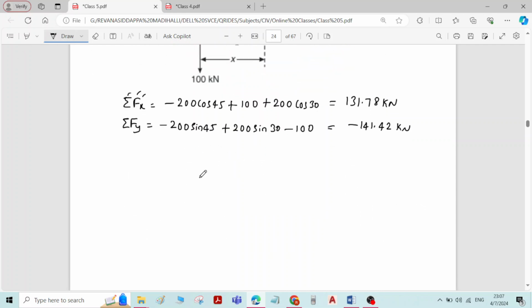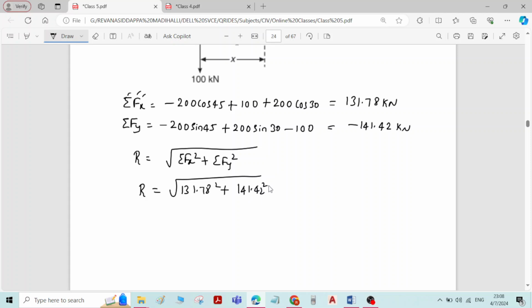Now you can find the magnitude of the resultant force. We know the formula, root of sigma Fx square plus sigma Fy square. Therefore R is equal to root of 131.78 square plus 141.42 square.